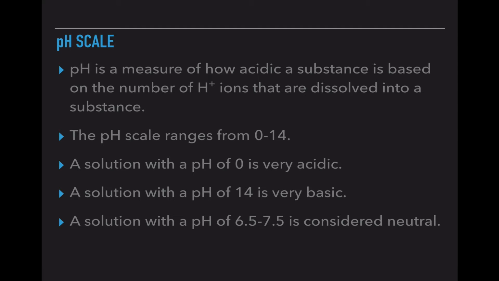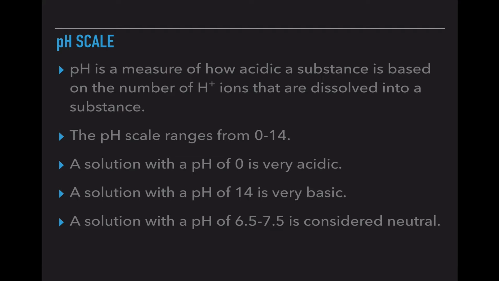In science class, we use the pH scale to help us measure the strength of an acid or a base. The pH scale, since it has an H in it, tells us the number of particles of hydrogen that is present. So that is the scale that is specifically used for acidic solutions.